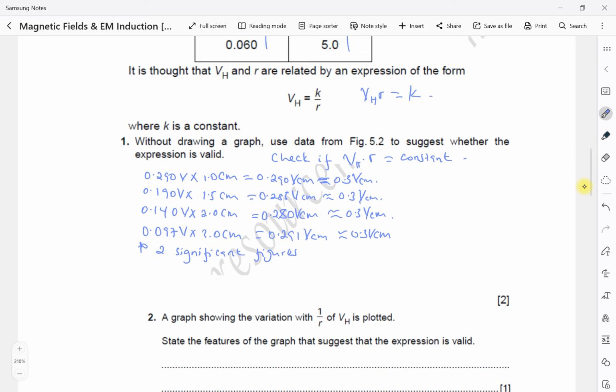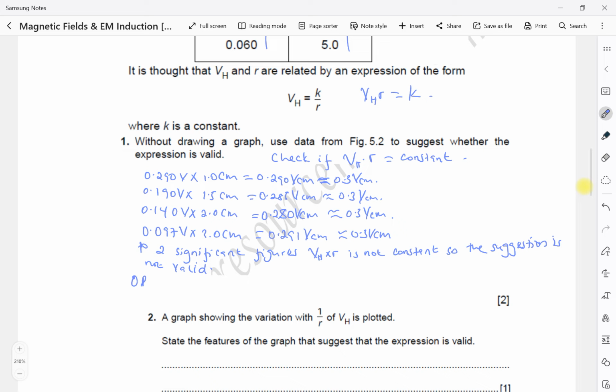To two significant figures, VH times R is not constant, so the suggestion is not valid.